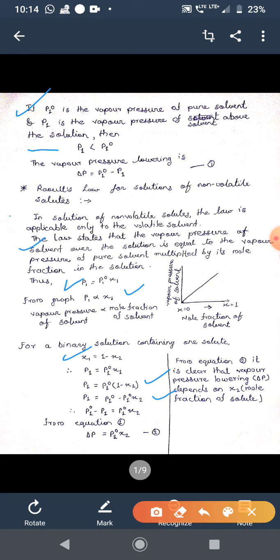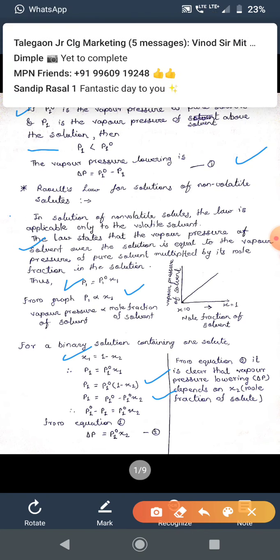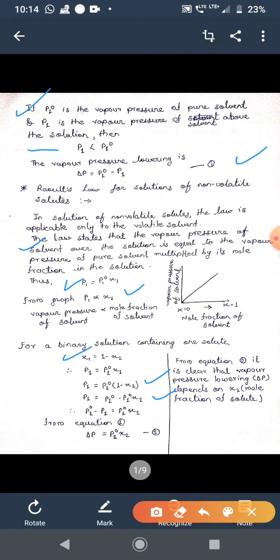And what is this P1 naught minus P1? You can get it from equation number 1, which is delta P is equal to P1 naught minus P1. So, instead of P1 naught minus P1 we can write delta P is equal to P1 naught into x2. So, the difference in vapor pressure, or the vapor pressure lowering, delta P is equal to P1 naught into x2.